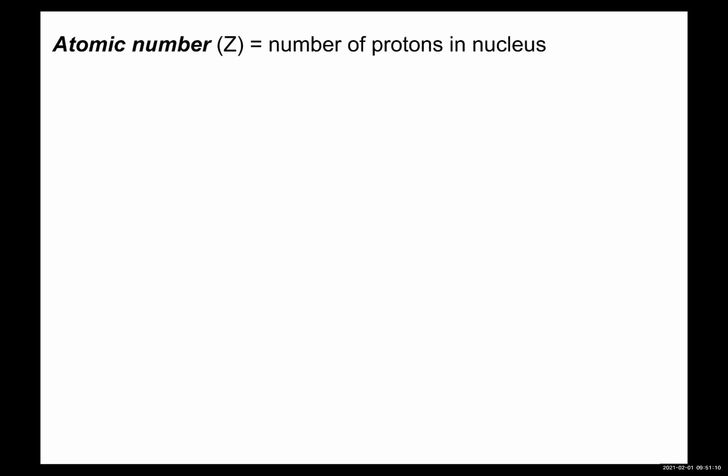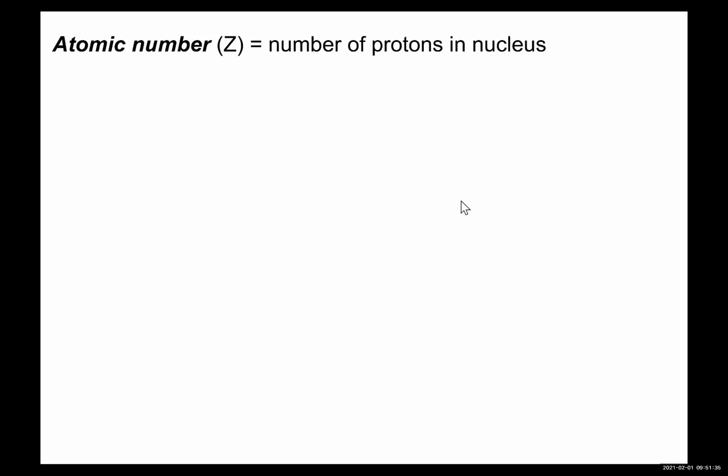And then, as you might have noticed, we are still reviewing what you had in Chem 2A. We define atomic number as the number of protons. In a neutral atom, the number of protons and electrons are equal.